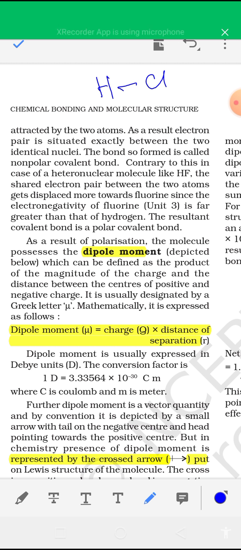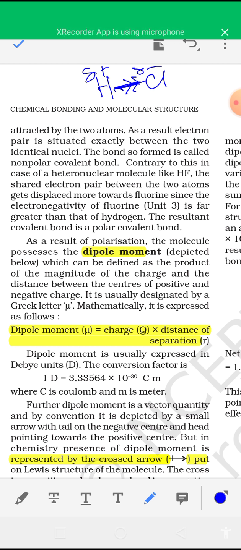A small positive charge on hydrogen, small negative charge on chlorine, because chlorine is more electronegative, chlorine will attract the bonding electron pair toward itself to a larger extent. Okay, therefore a small positive charge arises on hydrogen, and a small negative charge on Cl.